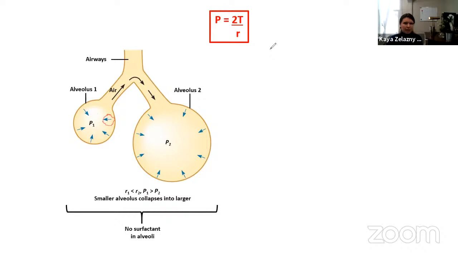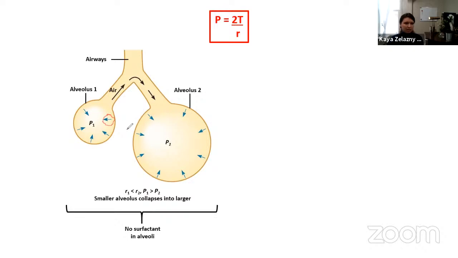So a thing to think about as we're thinking about this surface tension: if we let this blue arrow I circle do its job, if we allowed this alveolus to follow the tension created by the surface tension and allowed it to get smaller, we know that when a container gets smaller, that raises the pressure.